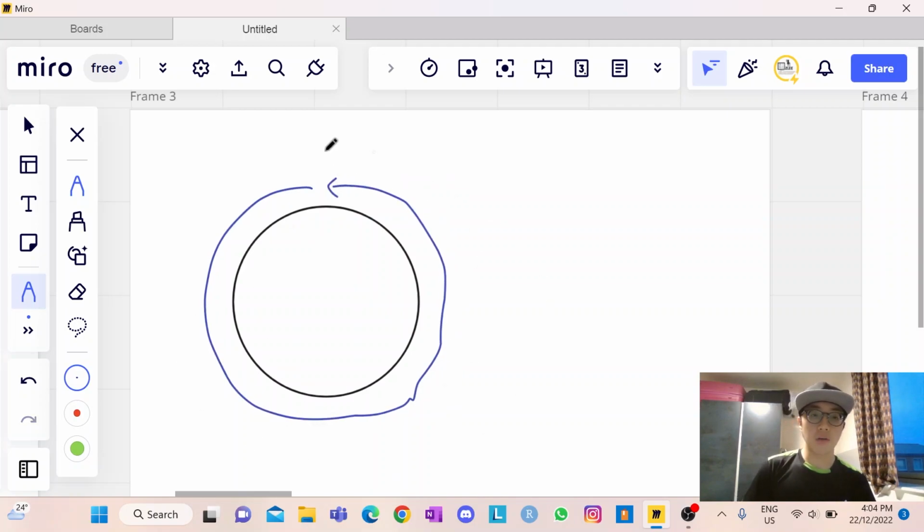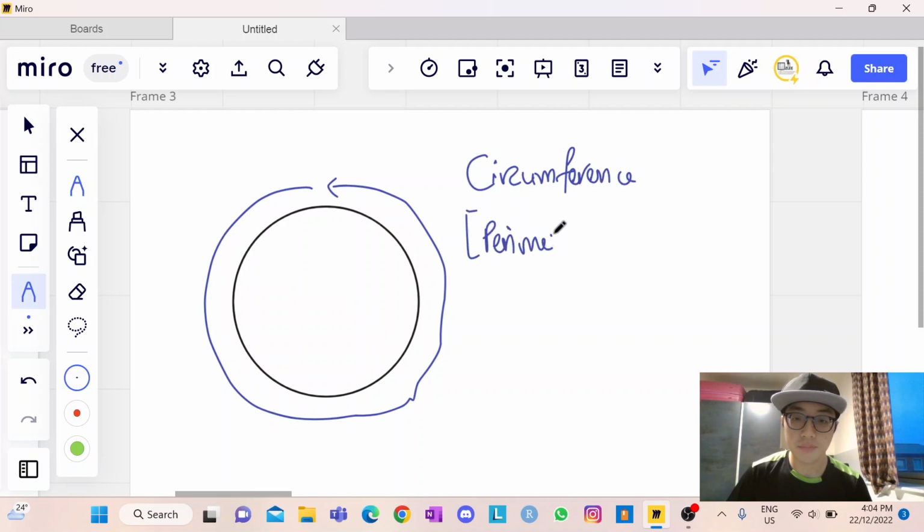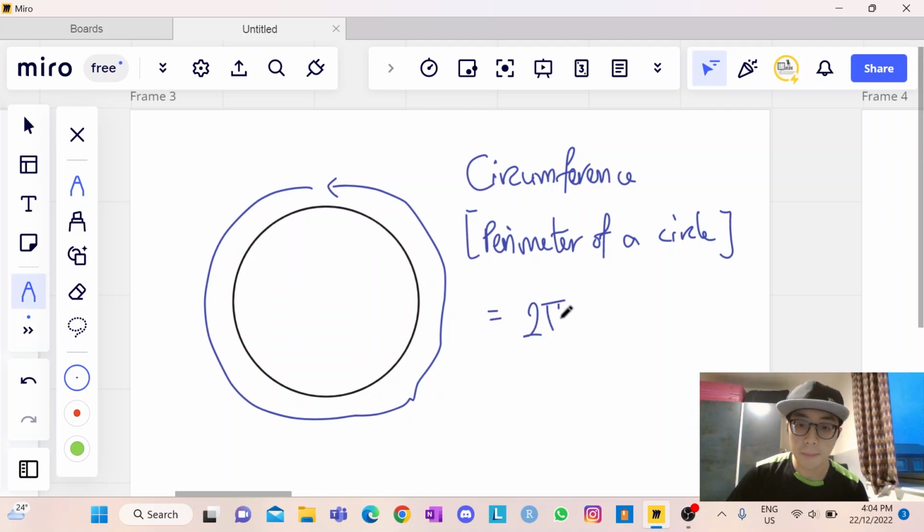This outer layer, this length, is called the circumference. It's literally the perimeter of a circle. The formula is 2 pi r, or pi d, where r is the radius and d is the diameter, which is equal to 2r.